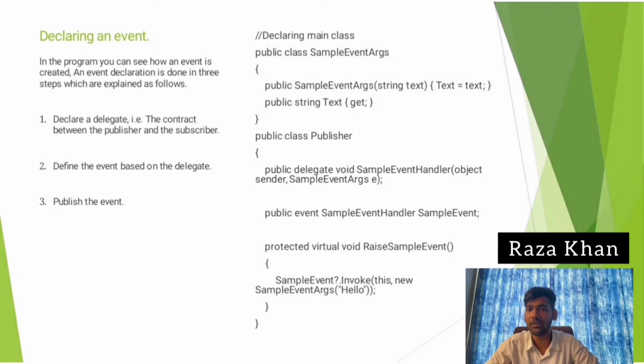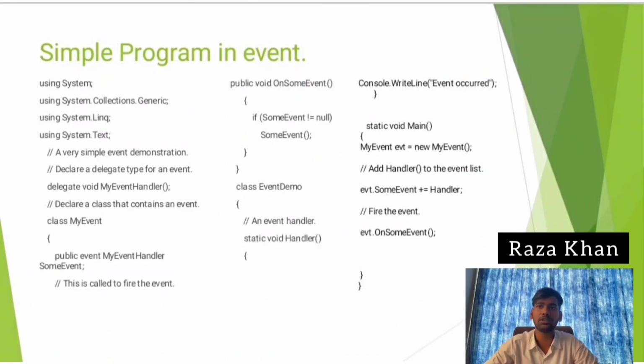Then to declare an event for that delegate, we use public event and the name of the event that we want to give, which declares our event. Then we use the parentheses and question mark symbol to publish our event, so that when a subscriber asks the publisher to give some response on it or to take some action on it, it happens and it occurs.